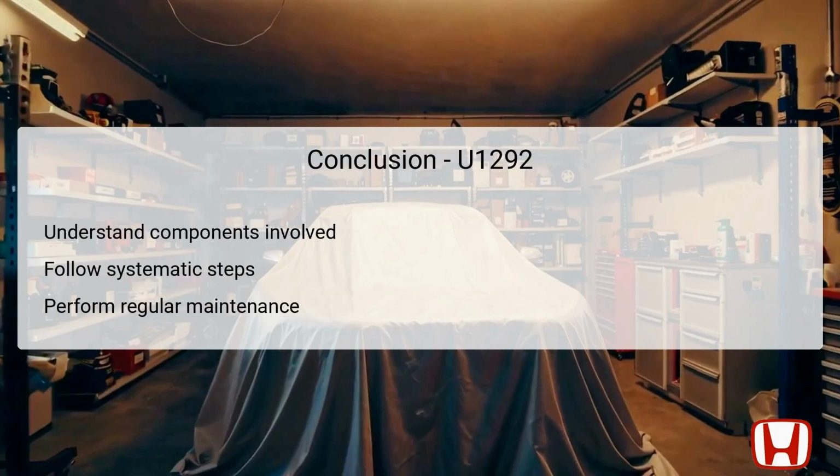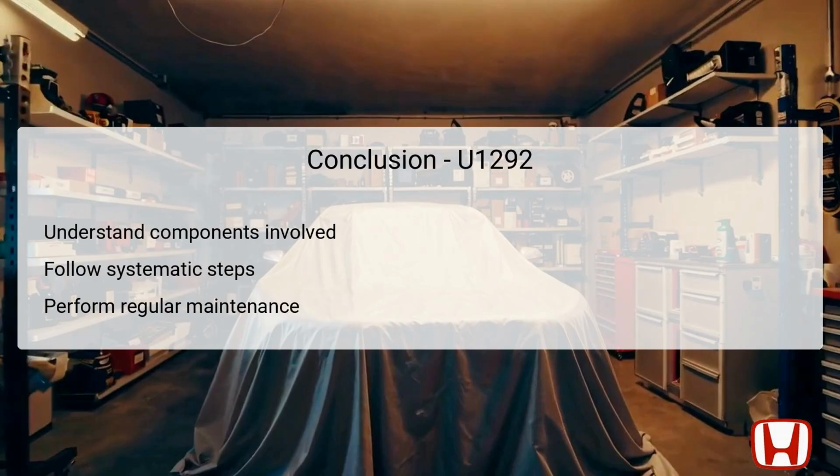In conclusion, understanding the components related to DTC U1292, including the left power sliding door control unit and the rear MICU, is essential for effective troubleshooting. By following systematic steps from code clearing to voltage measurements and fuse inspections, one can effectively pinpoint and resolve communication failures.